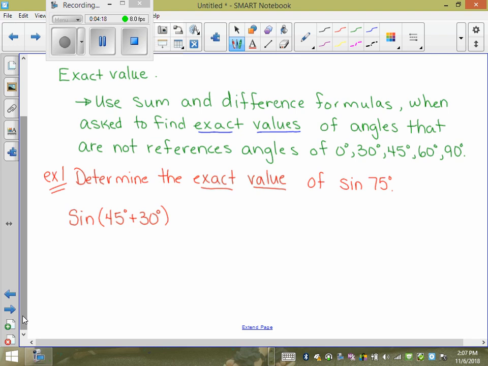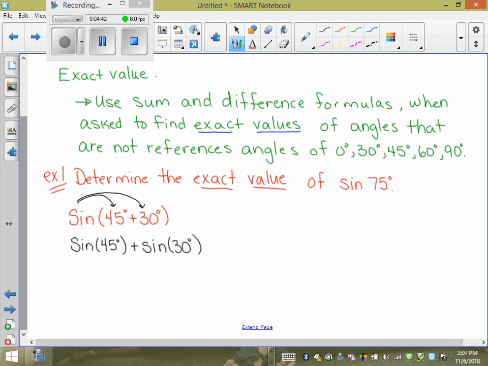What can you not do at this point that you will try and do on your test? Distribute. Okay? So why is that the case? Well, that would give you sine 45 degrees plus sine of 30. Please type that into your calculator and give me a decimal. Sine of 45.